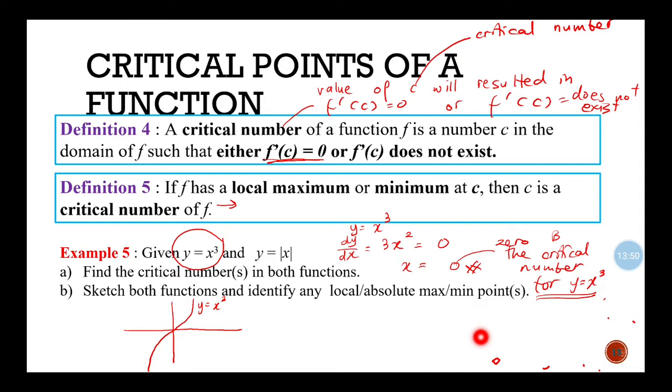Is there any local or absolute maximum or minimum point here, do you think? No. At x equal to 0, it is neither a local nor absolute max or min point. So this is the final answer for 5a, y equals x cube. Now we're going to solve this one here.